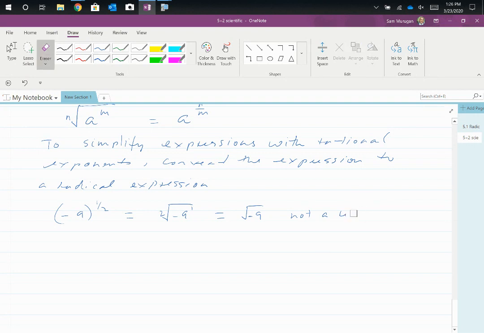Next, -4 to the power half. So this is negative of 4 to the power half, which is the negative of the square root of 4 to the power 1, which is -2.